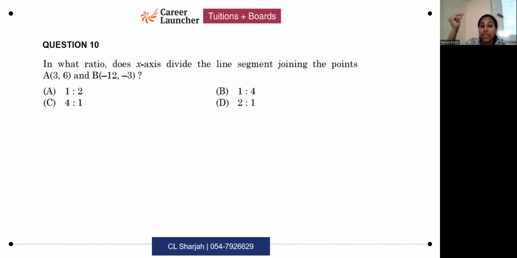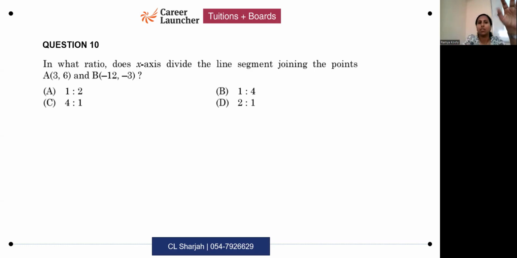Guys, immediately remember what I discussed when I was telling you about the ratio formula. Whenever you get a question where you have to find a ratio, check which coordinate value you know. It says the x-axis is dividing the line segment. So which coordinate do we know? The y coordinate. On the x-axis, what is the y coordinate? 0.